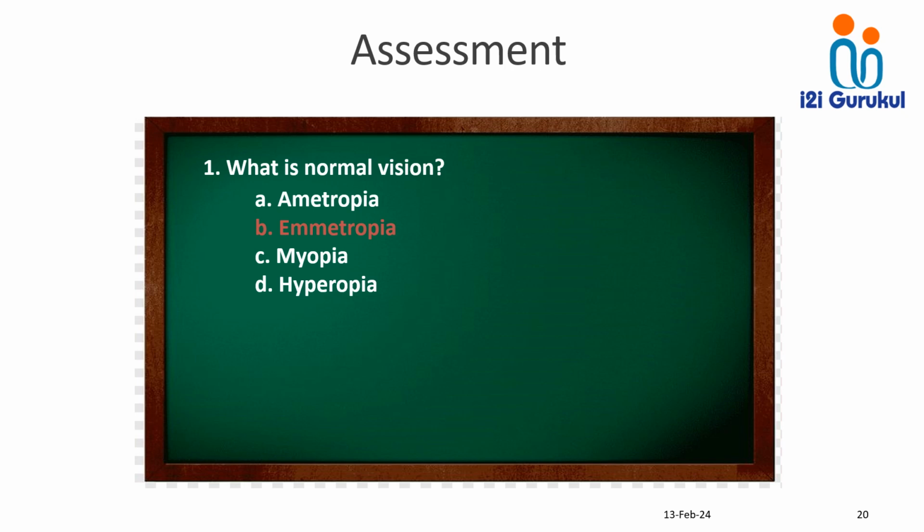It is when the parallel rays of light coming from infinity focus on the retina with the accommodation at rest. Moving towards the next question: which lens is used to correct myopia?